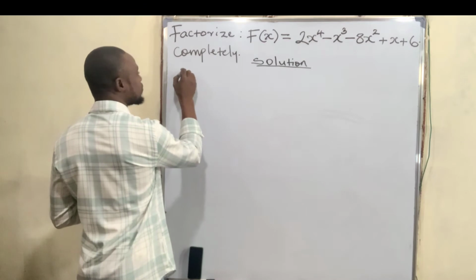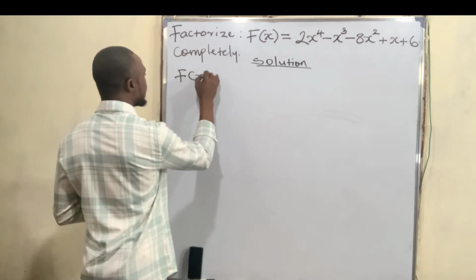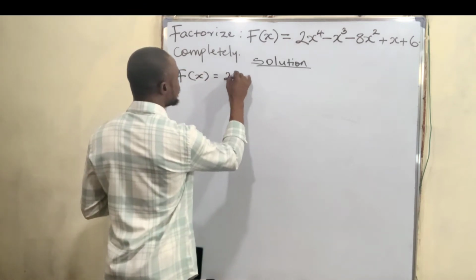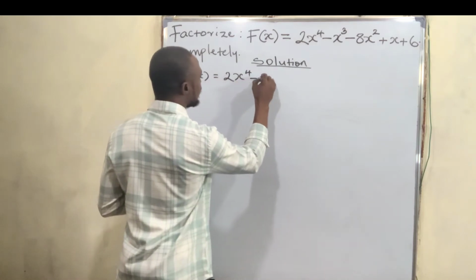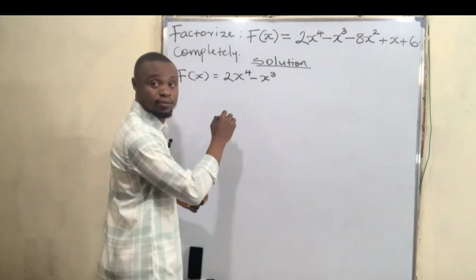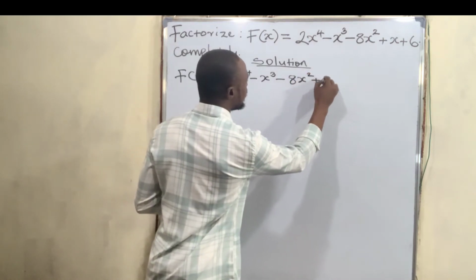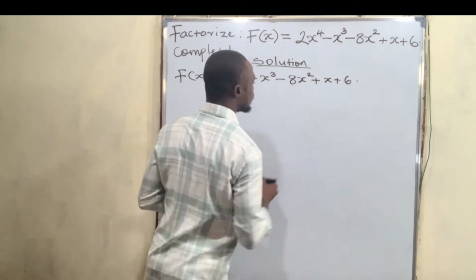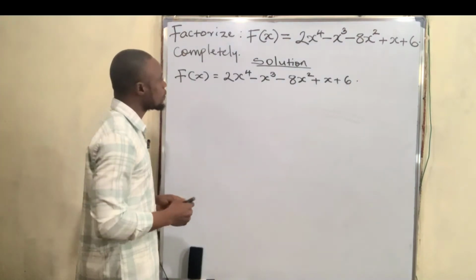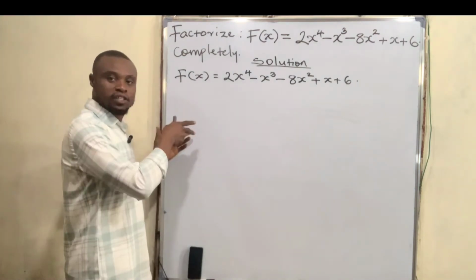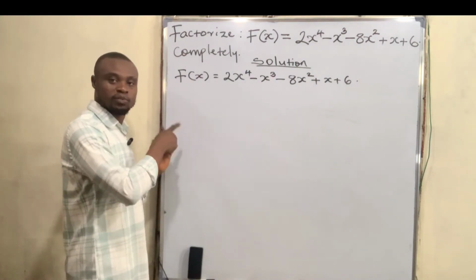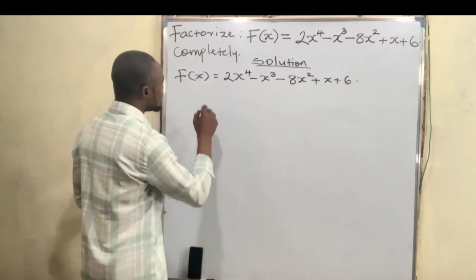So this is it. f of x is equal to 2x to the power of 4 minus x to the power of 3 minus 8x squared plus x plus 6. Okay. So we'll fix 1 in this particular expression to see if we can get a 0.